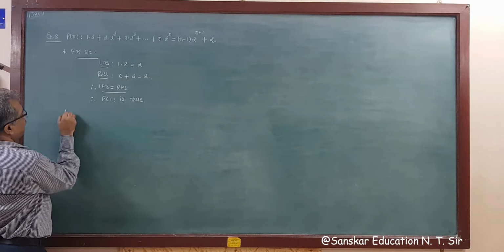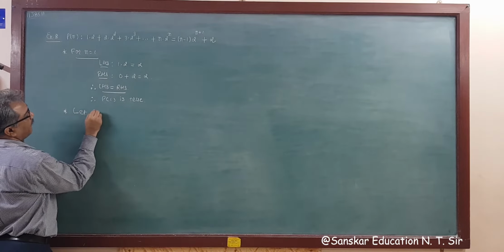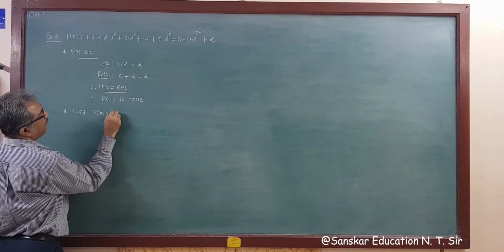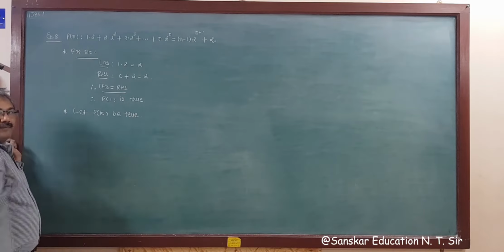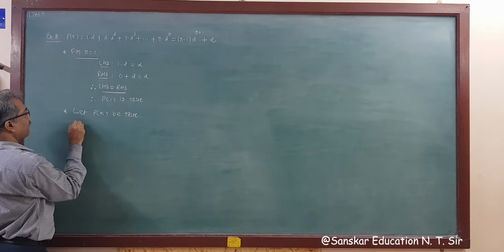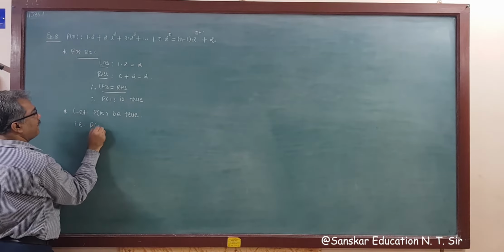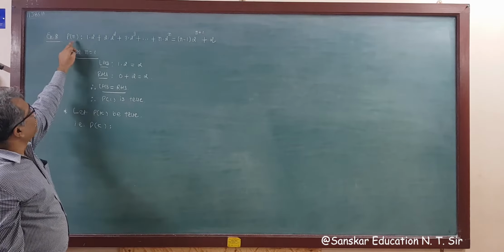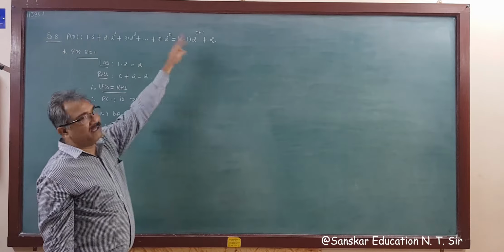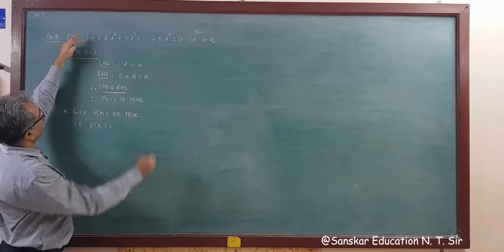Right? Now we assume that let Pk be true. That is Pk. You have to write Pk. Simply replace n by k. Right? So what is your answer?